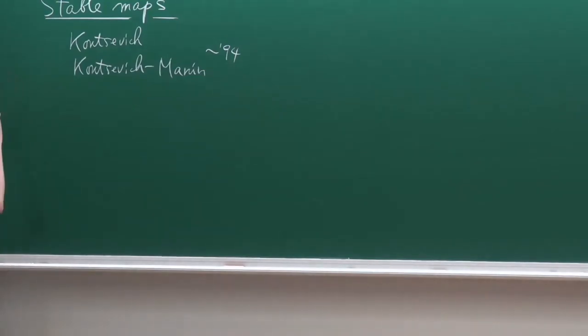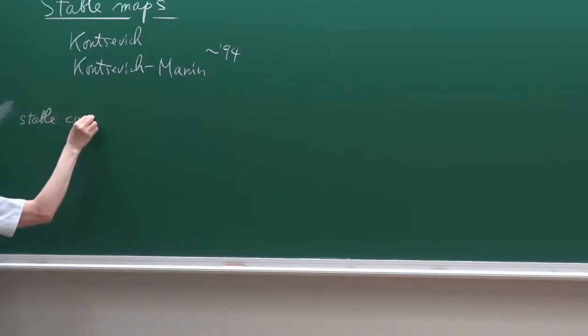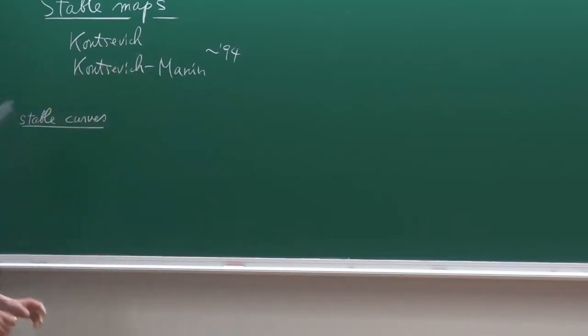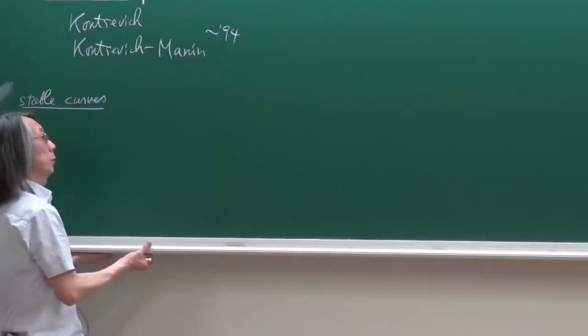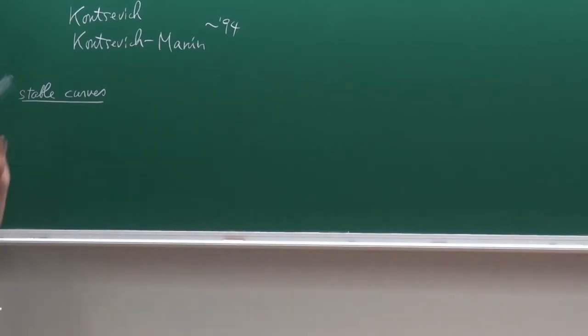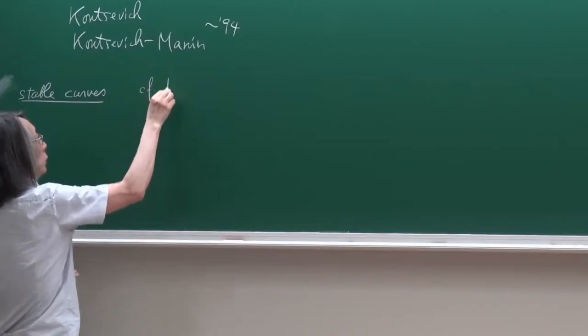Okay, so let's start with the stable curves. Without maps, or if you consider the target just a point, then you have only the domain, and then the notion is the so-called stable curves, maybe studied by Deligne and Mumford.